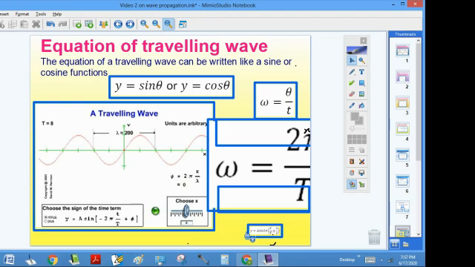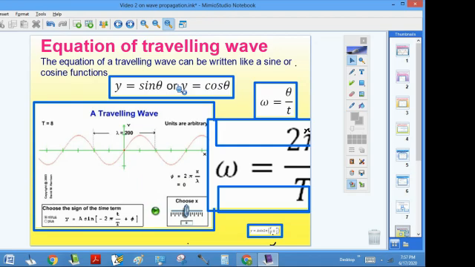The angle of 360 represents one cycle. That is what we mean when we say one oscillation or one cycle. This theta for one complete cycle represents 360 degrees, and in radians, 360 is 2 pi.